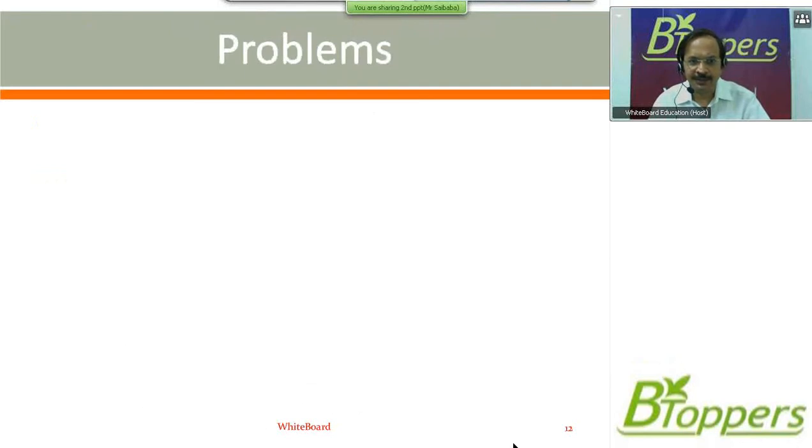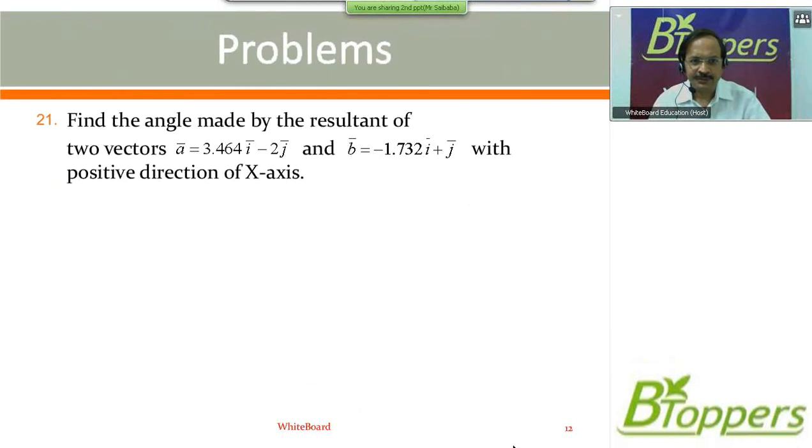Now look at the problems on the screen. Look at question number 21. Find the angle made by the resultant of two vectors A bar equal to 3.464 I bar minus 2 J bar and B bar equal to minus 1.732 I bar plus J bar with positive direction of x-axis.